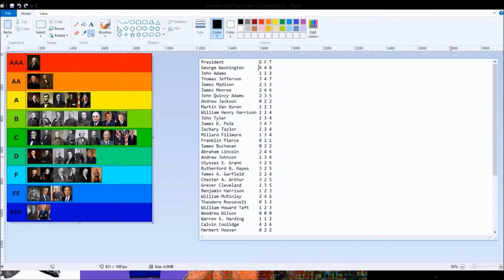The scores are decided on a 4-point score on domestic policy and a 4-point score on foreign or strategic policy. I decided to mix that up a little bit because in some cases it may not necessarily be foreign, but may have to do with strategic interests, with a total from 0 to 8.